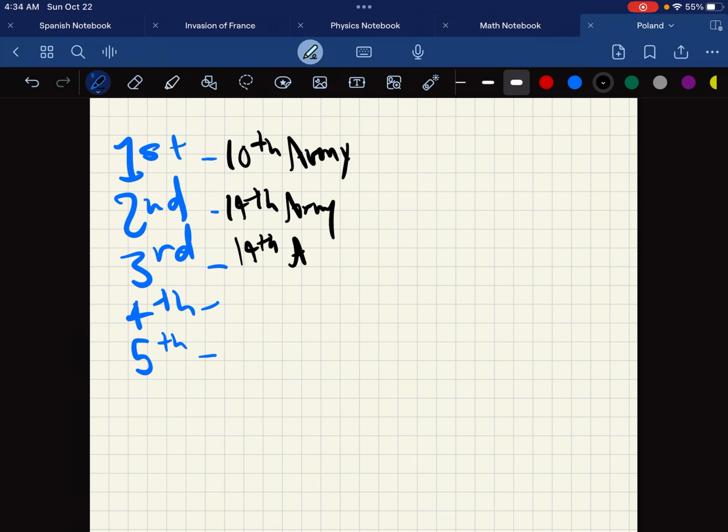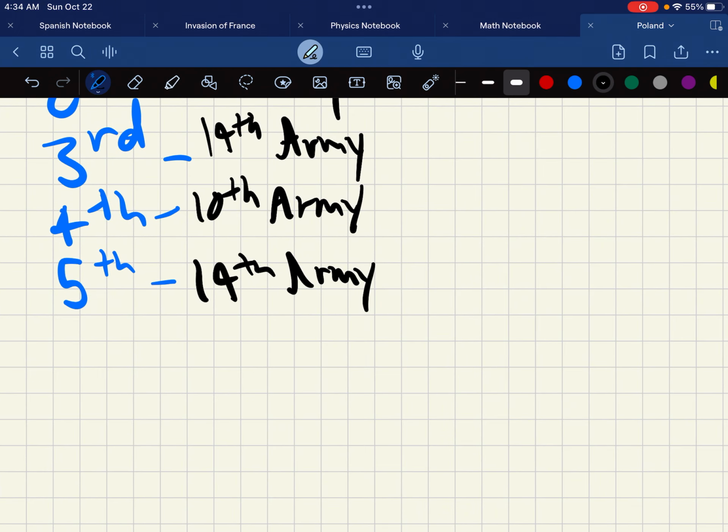And then the 4th Division was actually put right next to the 1st Panzer Division in the 10th Army. And then the 5th one was also in the 14th, I think. I am pretty sure that the 8th Army didn't get any tank divisions.